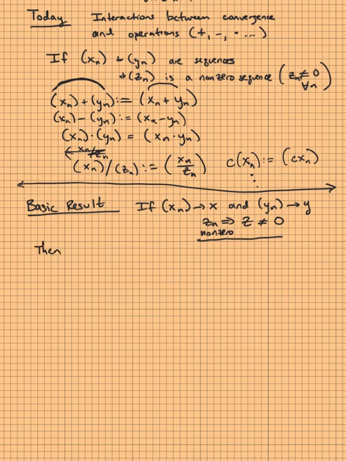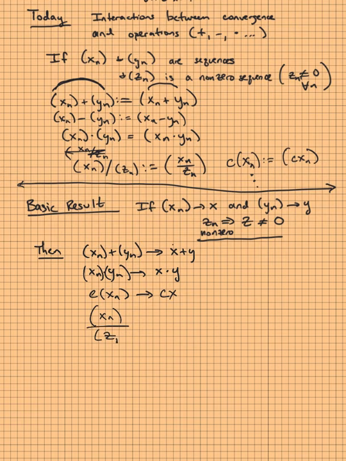then xn plus yn goes to x plus y, xn times yn goes to x times y, cxn for c in the real numbers goes to cx, xn over zn goes to x over z.